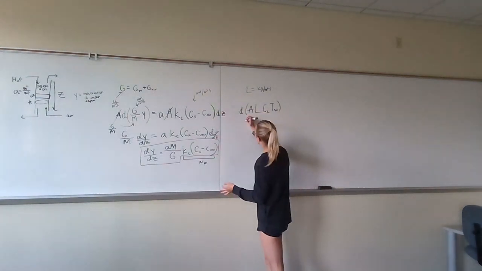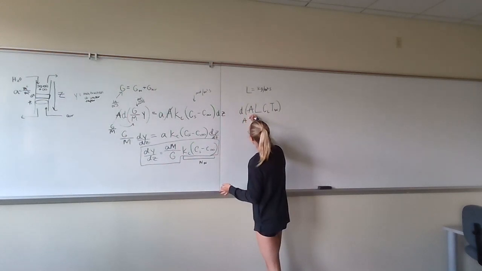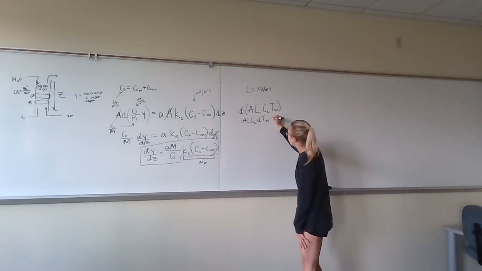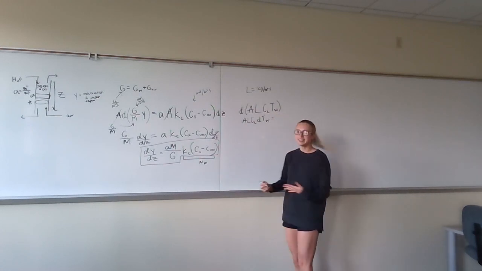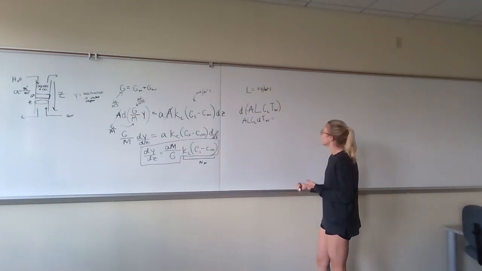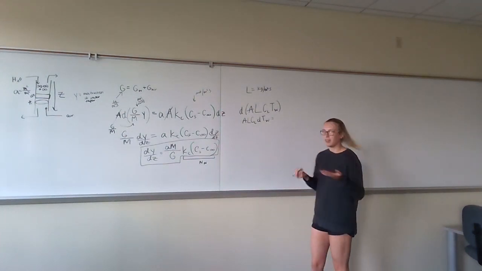So we can pull these out front and say that the area times the liquid flow rate times the heat capacity is constant, and the only thing that is changing is the temperature of the water. And then we're going to set this equal to the second side of this equation, which will be how the enthalpy is changing.